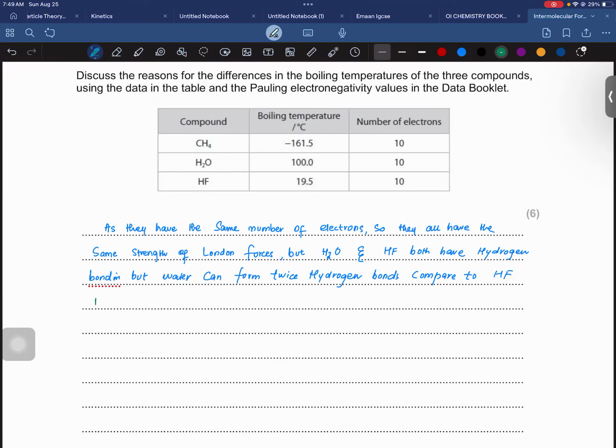So water has strong intermolecular forces of attraction. Ultimately, more energy would be needed. More energy is needed to break the strong intermolecular forces.